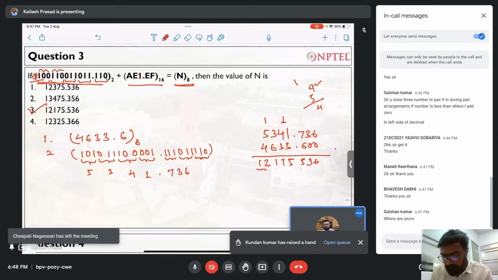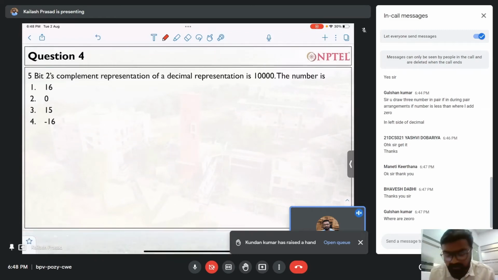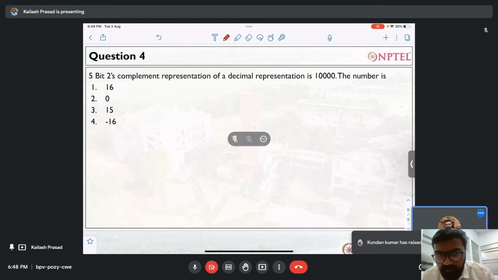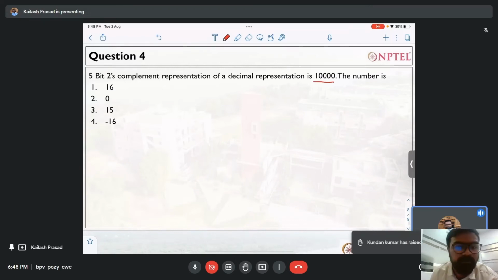We have one more question left. We have 12 more minutes, and then we will go. This is a very simple question, and I want an answer from you. We have a 5-bit number represented in 2s complement form, and the decimal representation of this number in 2s complement form is this.